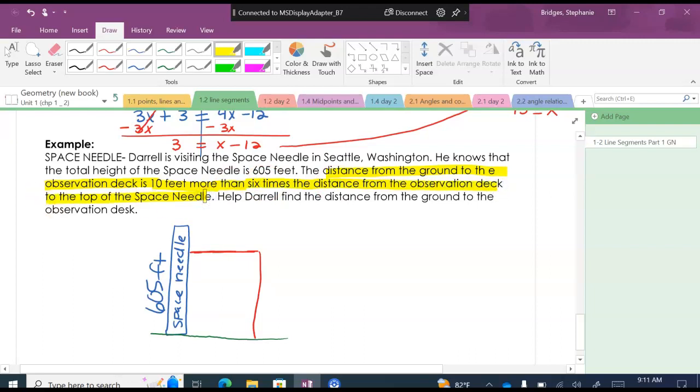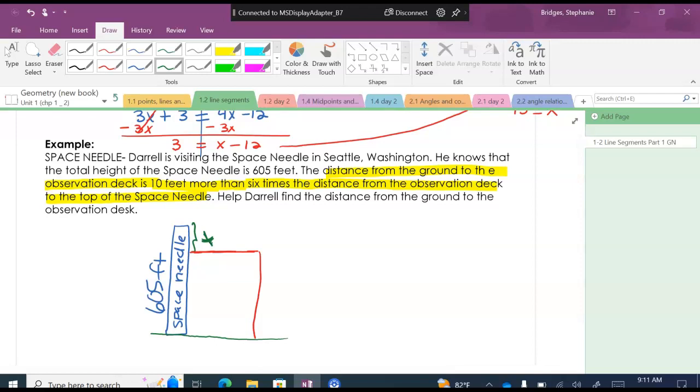Okay. So does it tell me something about the top part from the observation to the top, or does it tell me something about the observation to the ground? Observation to the ground. So I know a little bit about that. So we really need to put our X at the top then. This is what they didn't tell me anything about, how far it is from the observation deck to the top.